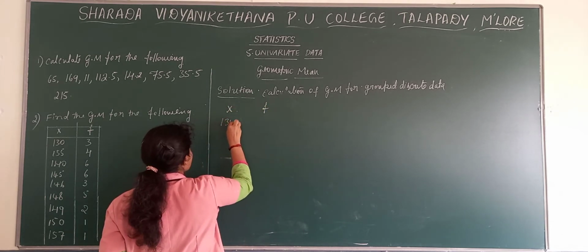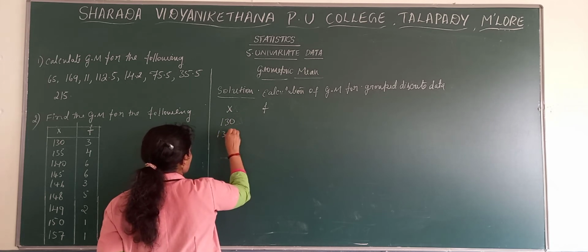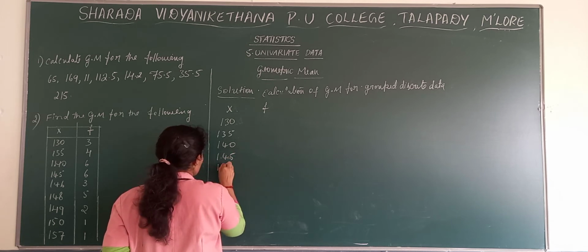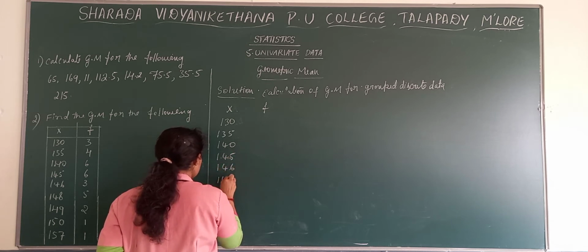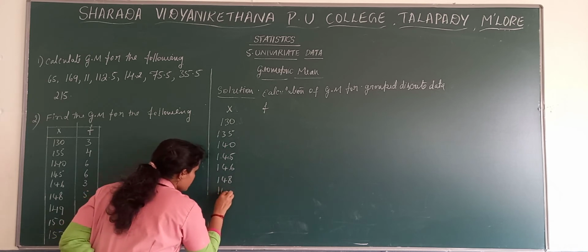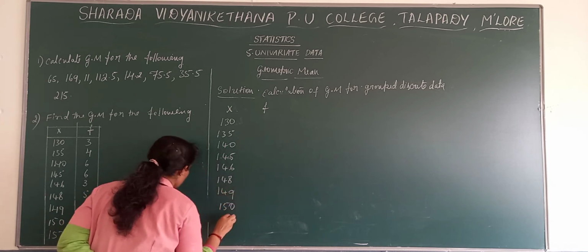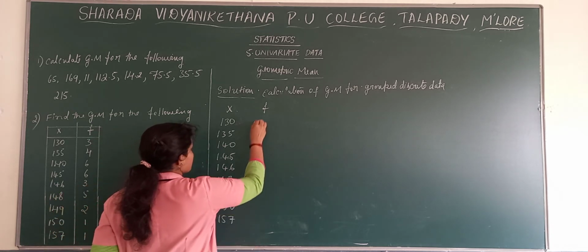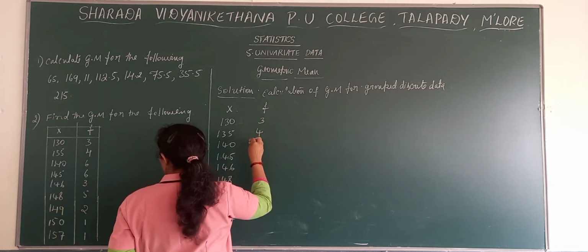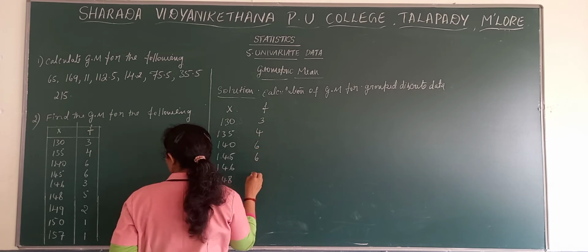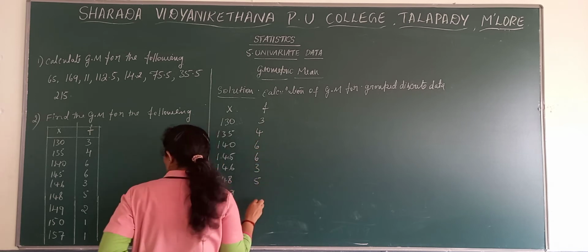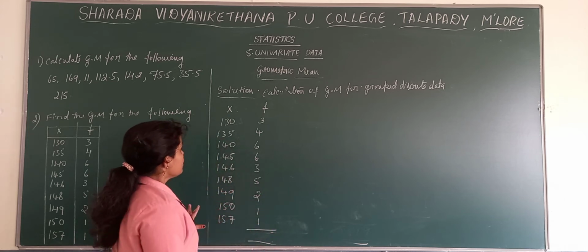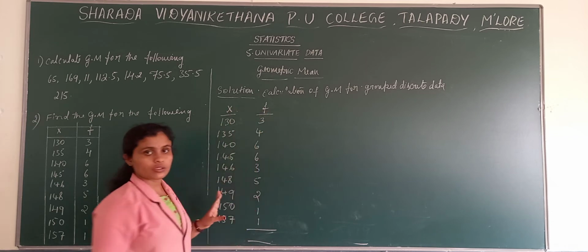Here x is 130, 135, 140, 145, 146, 148, 149, 150, 156, and f is 7, 3, 4, 6, 3, 5, 2, 1 and 1.